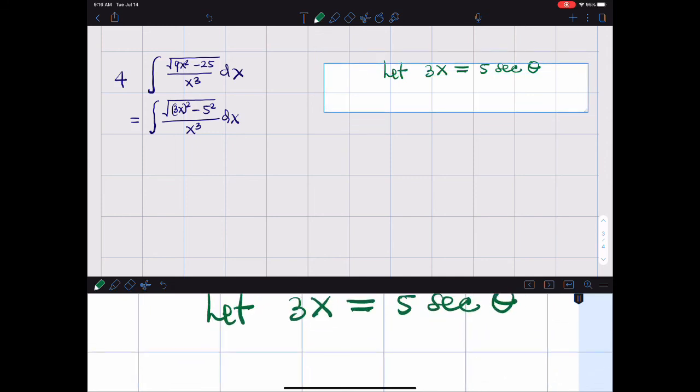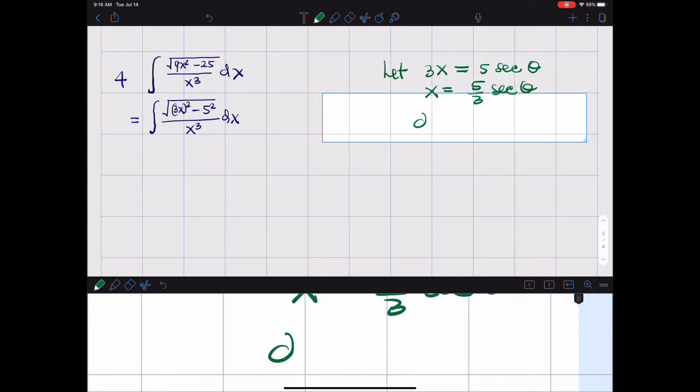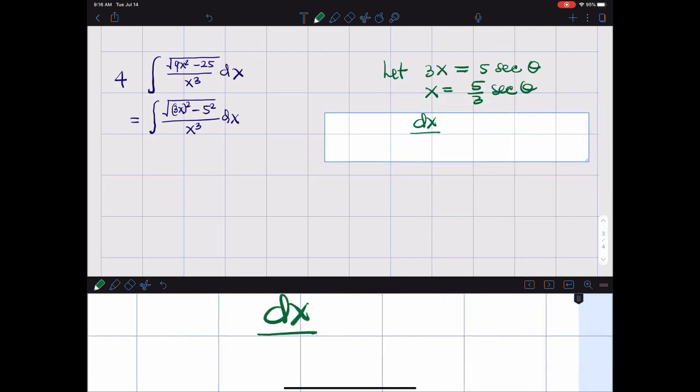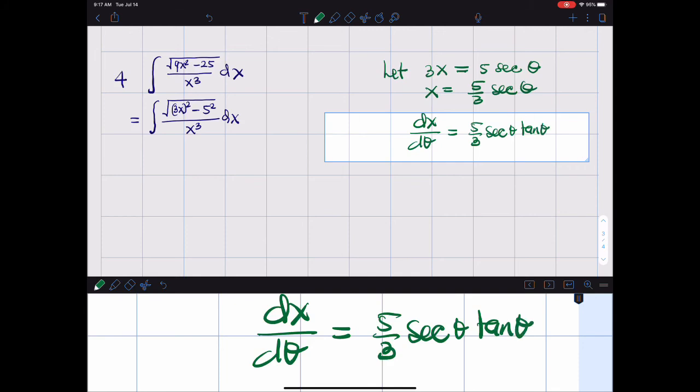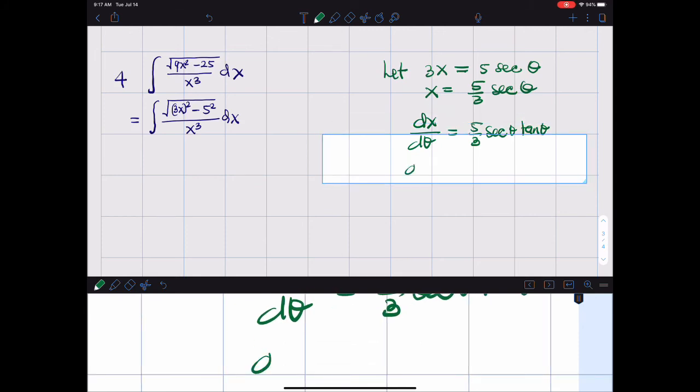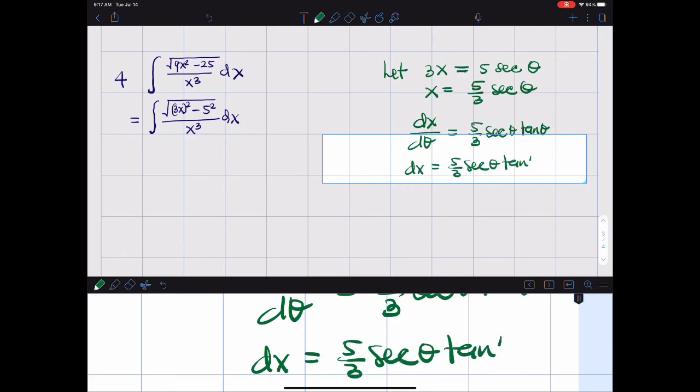All right, and then that means x is 5/3 secant of theta, and then dx is equal to 5/3 secant theta tangent theta d theta.